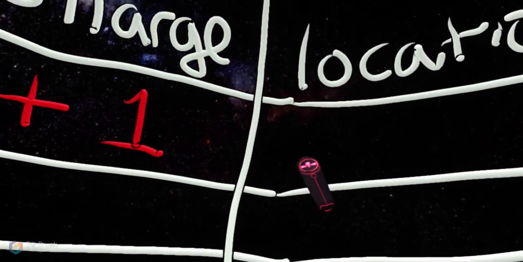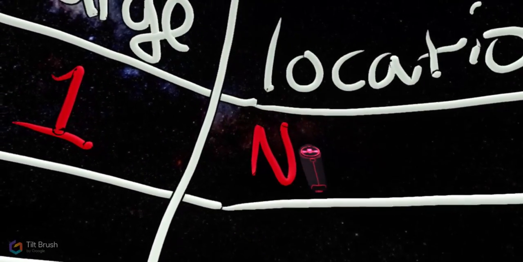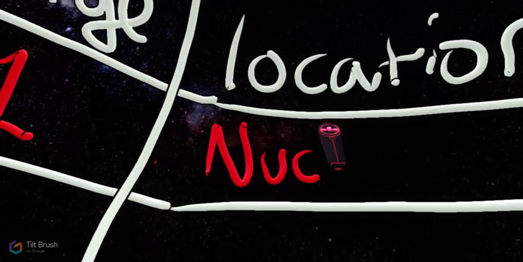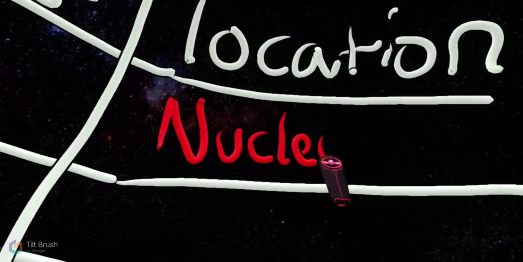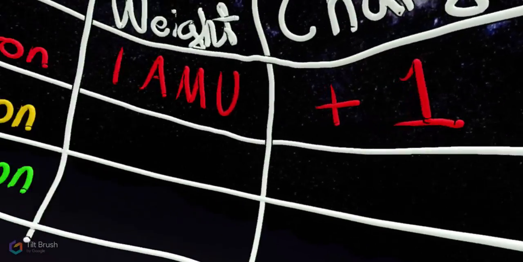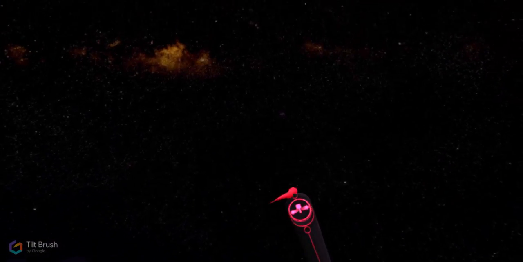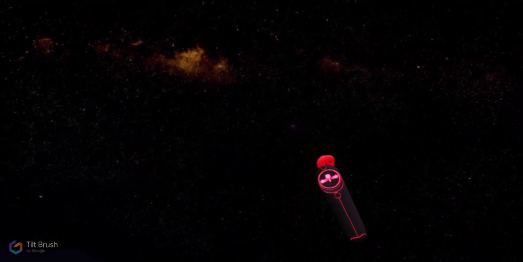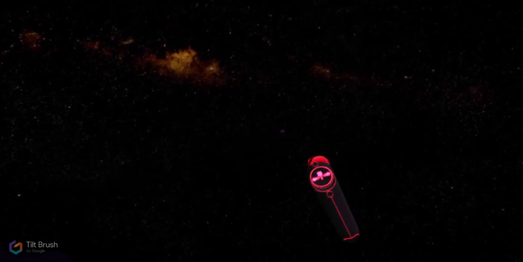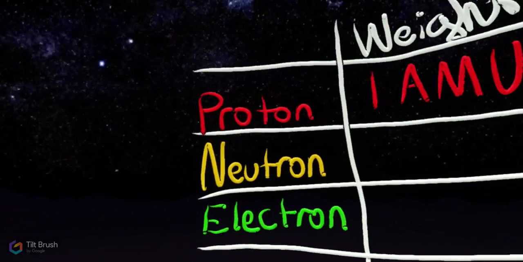And they are located in the nucleus or center of an atom. So I'm going to turn around here and I'm going to draw a proton right up here in the air. Single proton. All right.